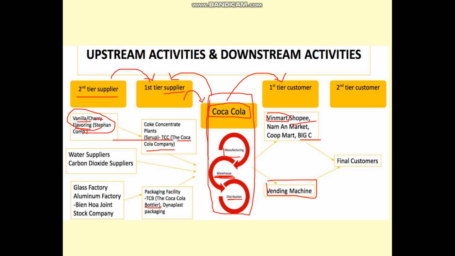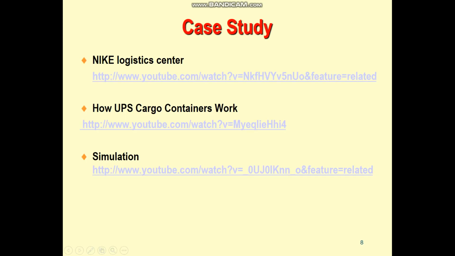And then the first tier customer will sell the product to the second tier customer. And here is the final customer, the end user. Here are some case studies like Nike Logistics Center or how UPS cargo containers work. You can watch them at home as a reference.